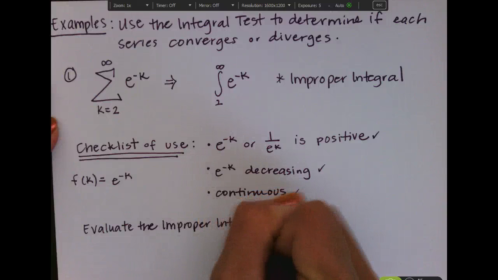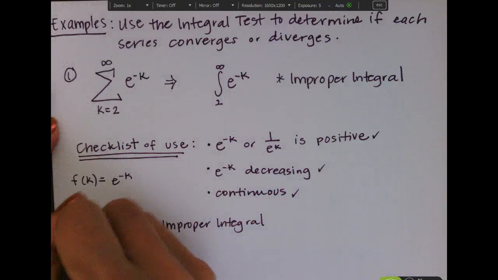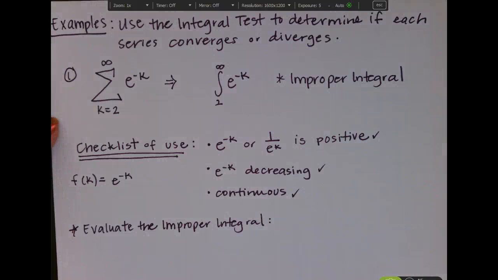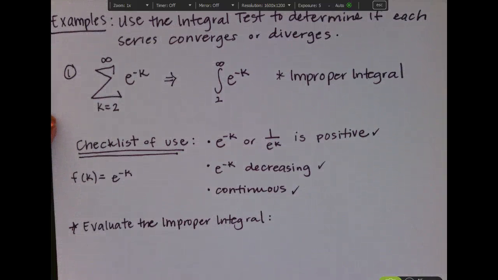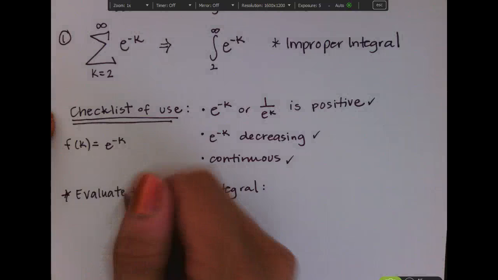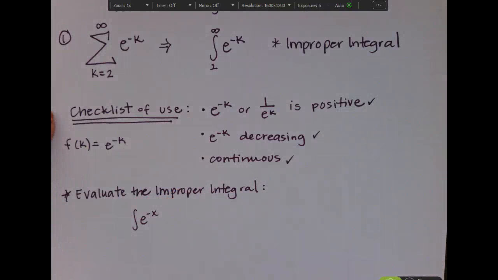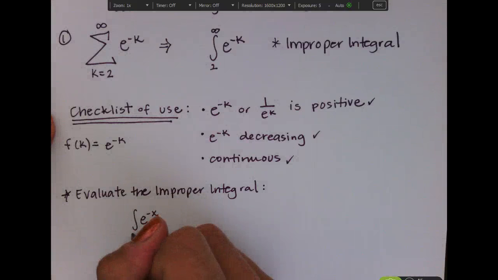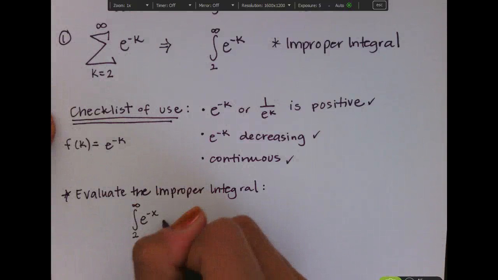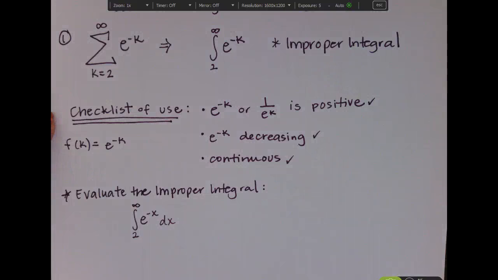And what I'm going to do is evaluate the improper integral. What you'll see happen a lot of times in the homework is that they're likely to write these with x's as opposed to k's, but since it's a variable, it makes no difference whatsoever.